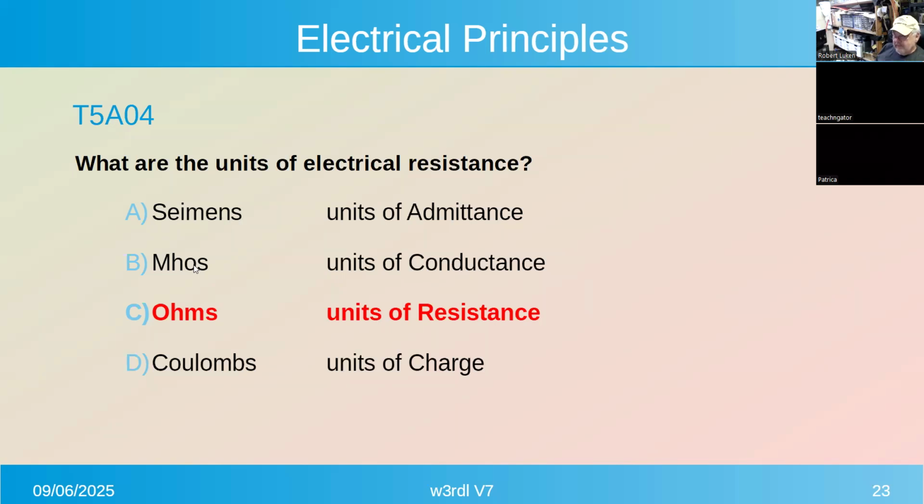We used to use that for conductance, which is the reciprocal of resistance, but they replaced it with siemens. I don't really know exactly what this guy Siemens did, but apparently it was enough to get his name used.